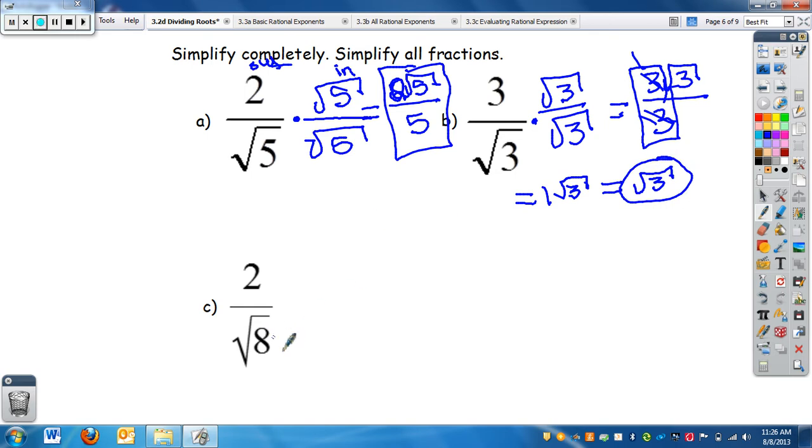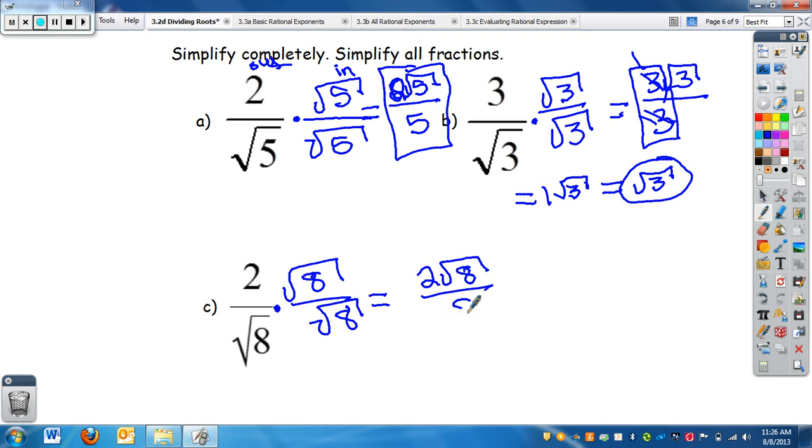C, I need to remove the root 8. So I multiply by root 8, top and bottom. So 2 times root 8 over 8. Alright, so taking a look, I have 2 and 8 on the outside. That fraction simplifies into 1 and 4. And then I always need to check to see if my root simplifies.